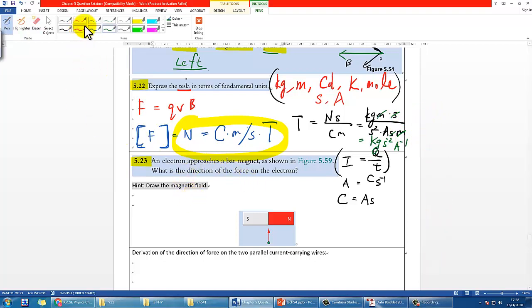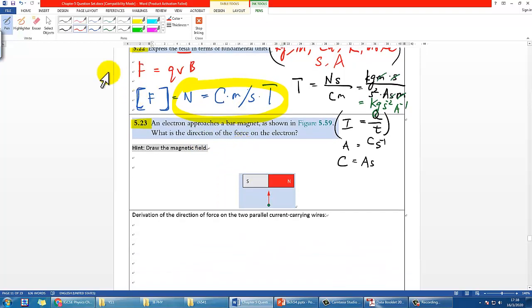Okay, next question says there's a bar magnet, and which direction is the force on the electron. The hint is to ask you to draw the magnetic field. So if you remember, the magnetic field is drawn from north to south.